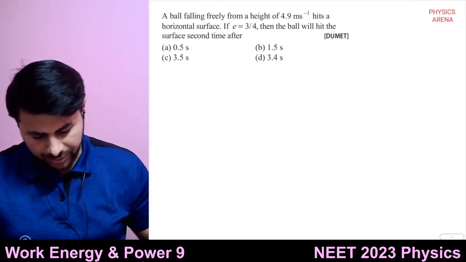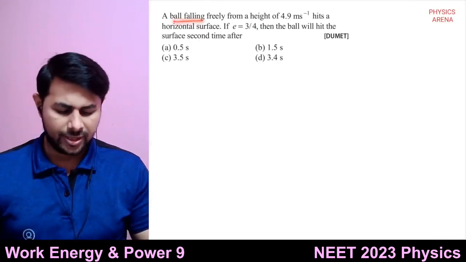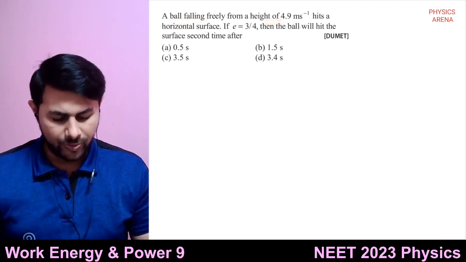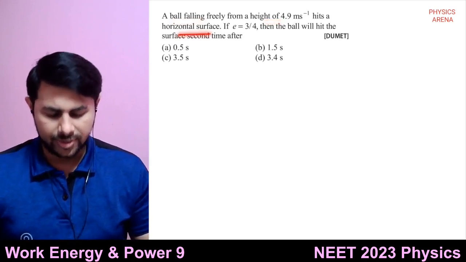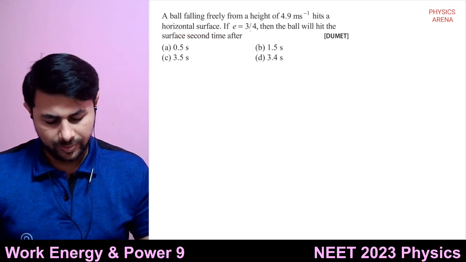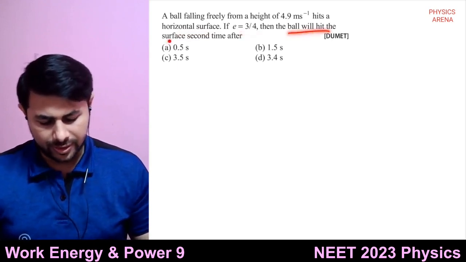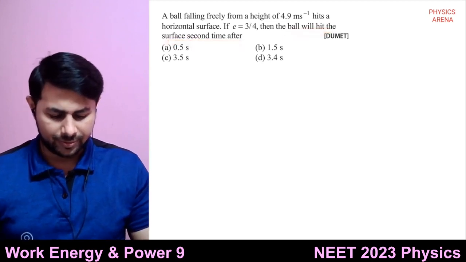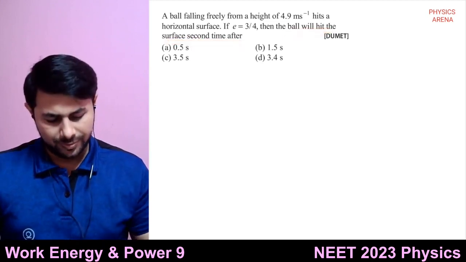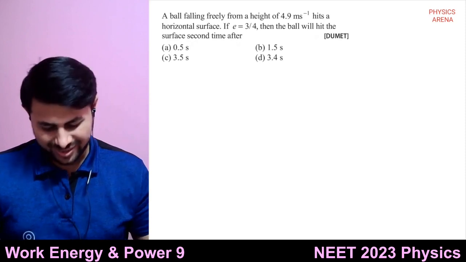Let us see the next question. A ball falling freely from a height of 4.9 meters hits a horizontal surface. If e equals 3 by 4, then the ball will hit the surface a second time after what time? Okay, so this is a good question, right?